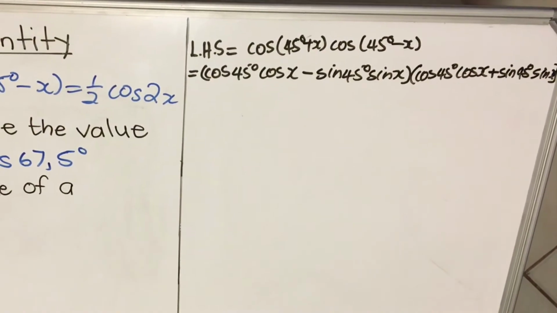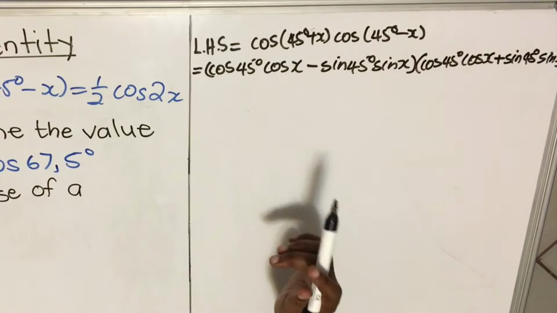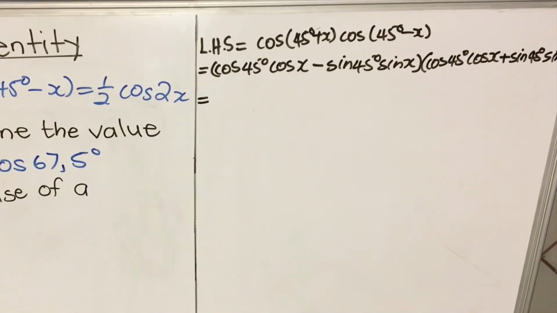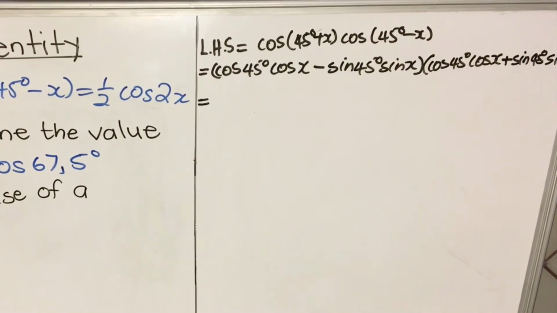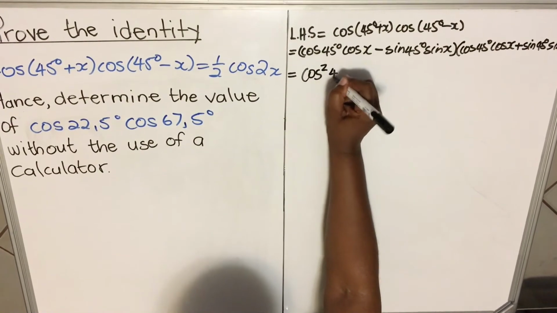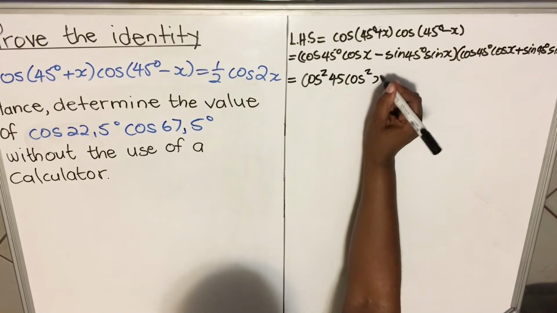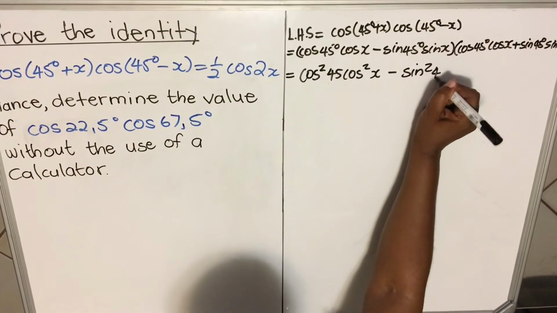With a difference of two squares, we can factorize. Remember from grade 9, how you did the difference of two squares. We're actually going to have cos² 45 cos² x minus sin² 45 sin² x.